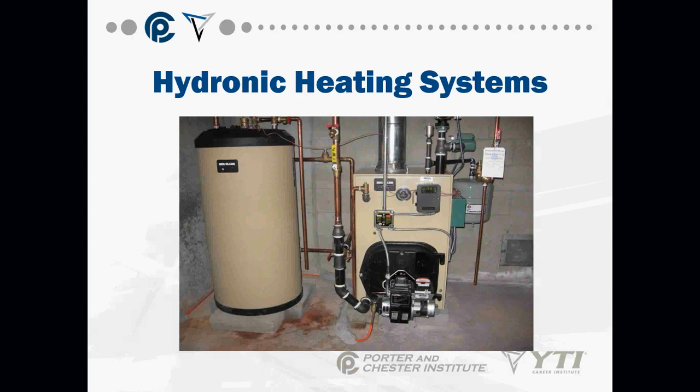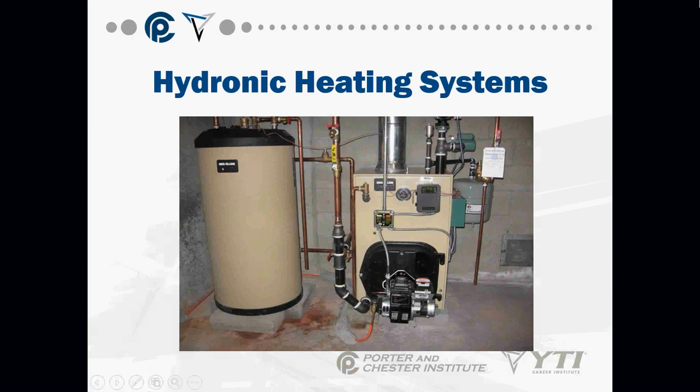Here is a hot water boiler with an indirect hot water heater. Over here is your zone panel. This will be communicating with your boiler and your aquastat to tell what zone valve to open to deliver heat to wherever it may be.